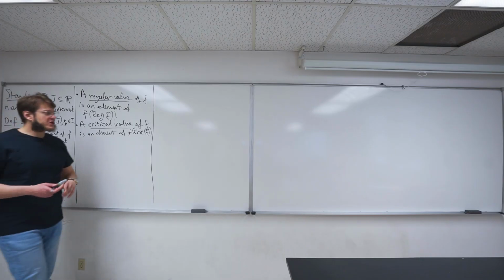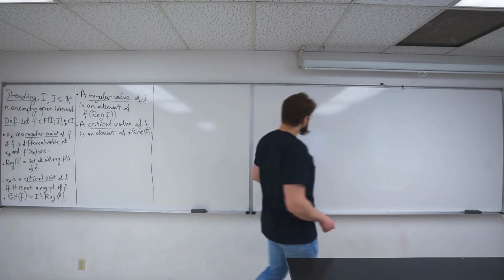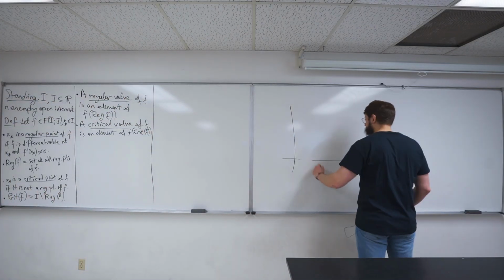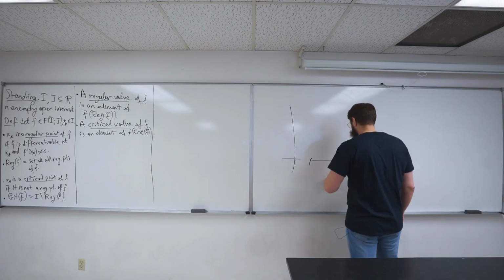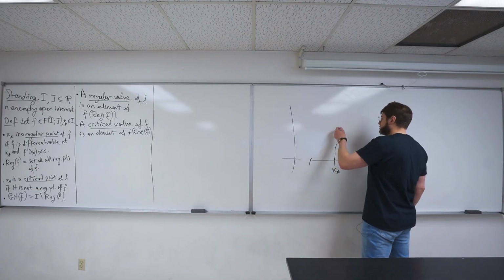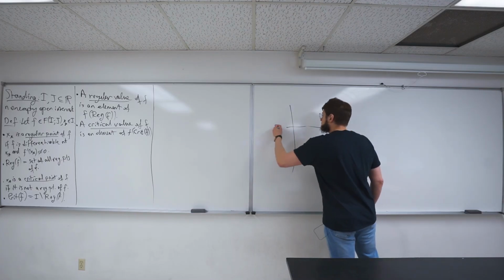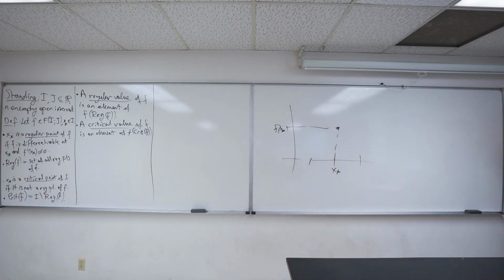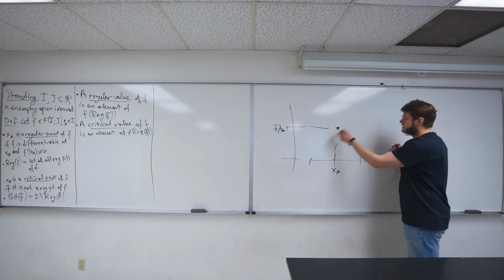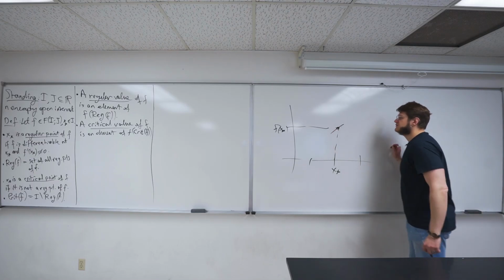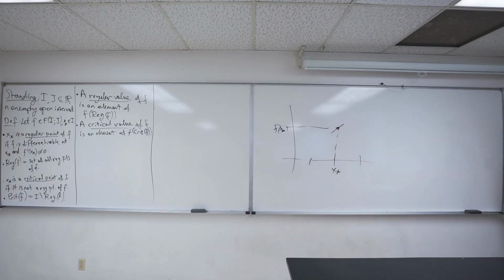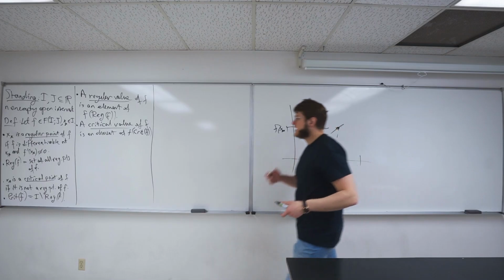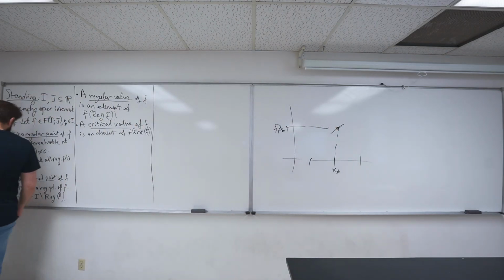Of course, the picture I have in mind is, if this is my interval, in order for x star to be a regular point, I should be able to talk about this tangent line, basically. And I want this tangent line to be not horizontal. I want it to have positive slope or negative slope. That's what I imagine when I'm thinking of a regular point.